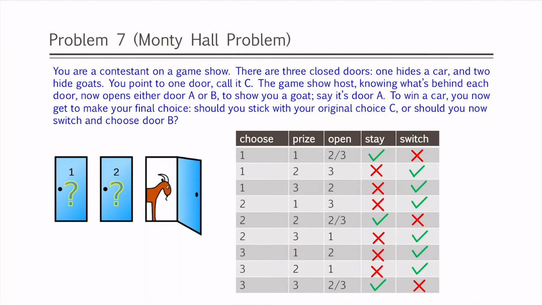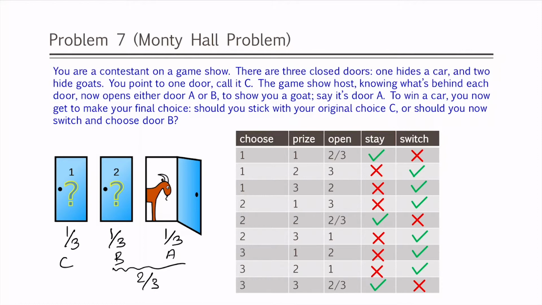Okay, I will explain once more. Initially, when all the doors were closed, the probability that the car is behind any door A, B or C is 1 by 3. Let us say you have chosen C, this is B and this is A. That means the combined probability of B and A having the car is 2 by 3.